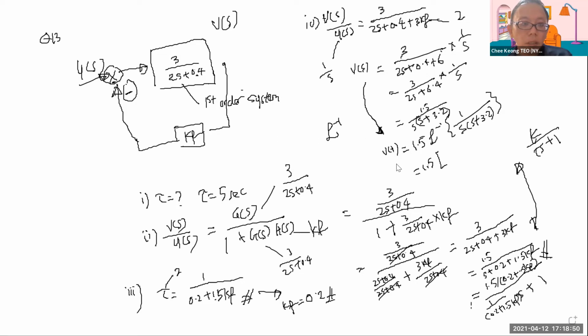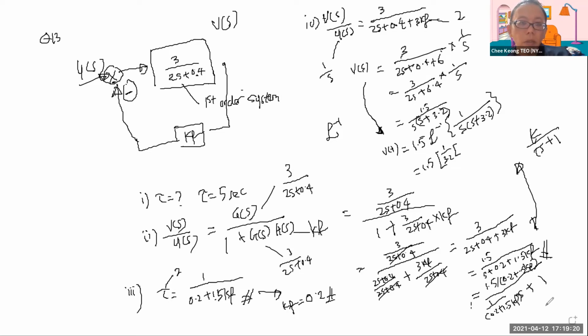Which is 1 over a, multiplied by 1 minus e to the power minus at.